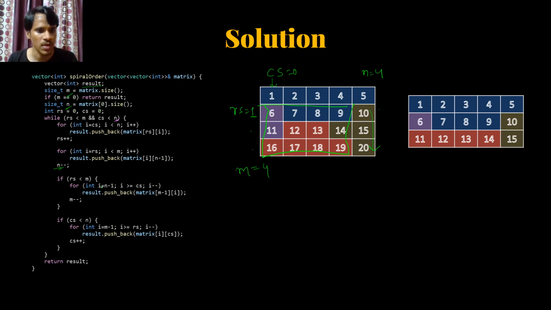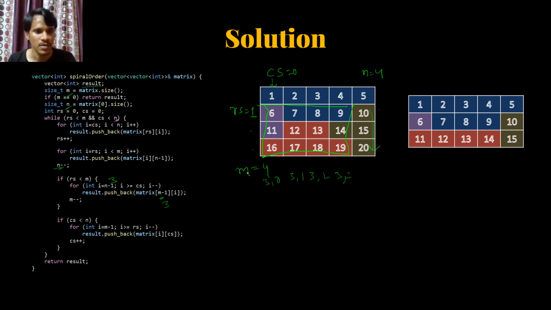So we'll start from i equal to n minus 1, which is 4 minus 1, 3, to i greater than or equal to column start, which is 0, i minus minus, and we print the last row that is currently there. For 4 minus 1, that is 3, so we'll print 3 3, 3 2, 3 1 and 3 0.